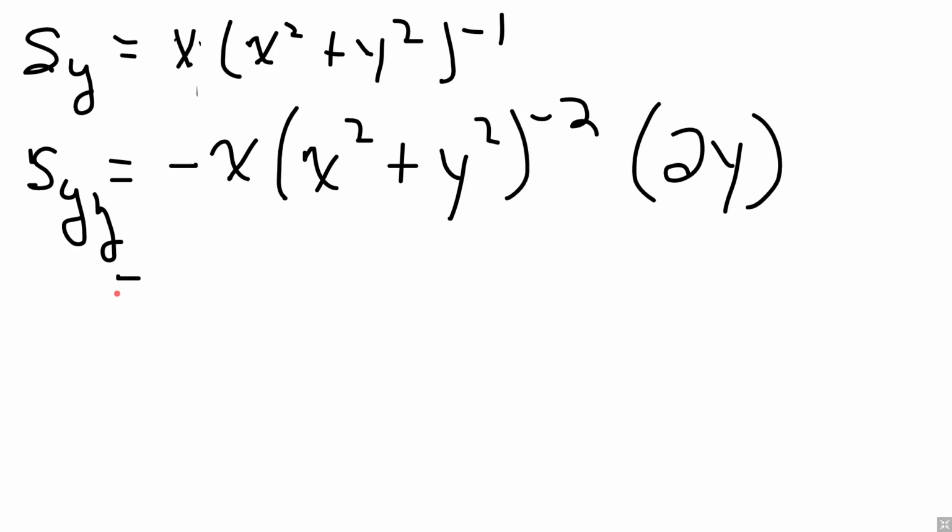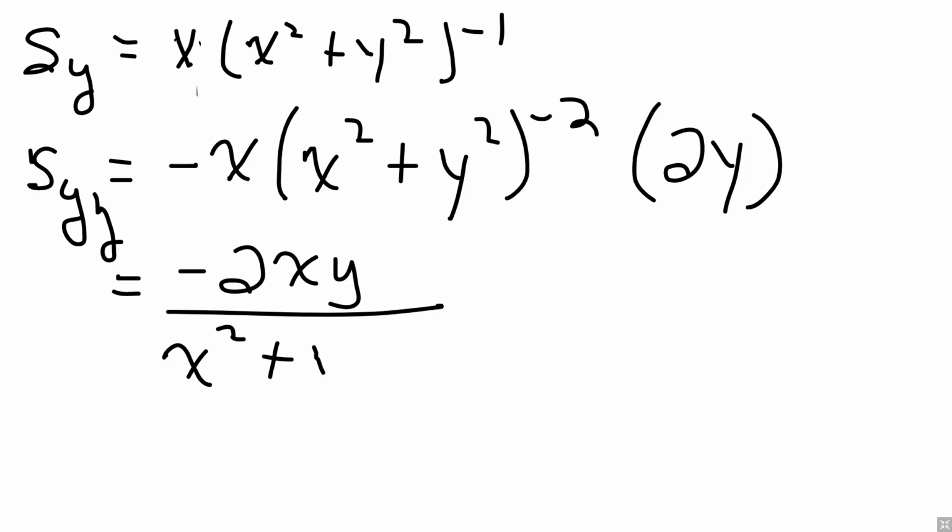Okay, so we're going to end up with negative 2xy over x squared plus y squared, quantity squared. Any questions?